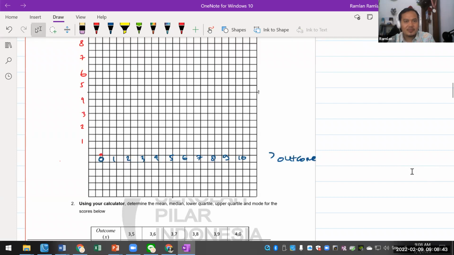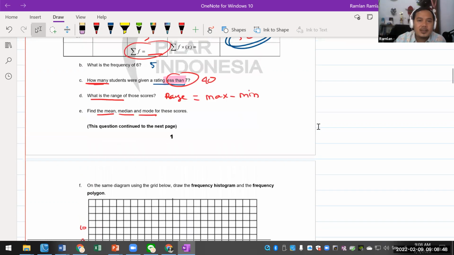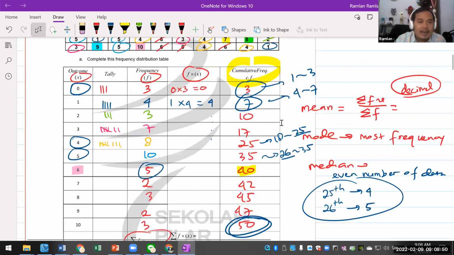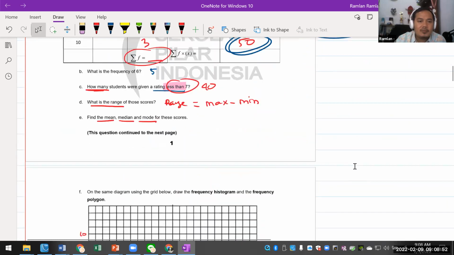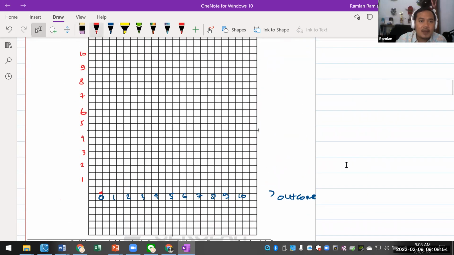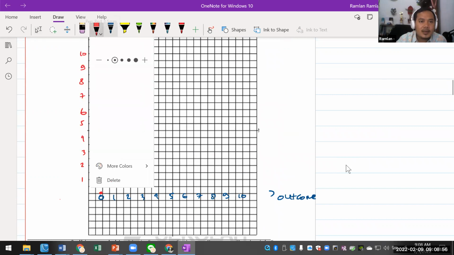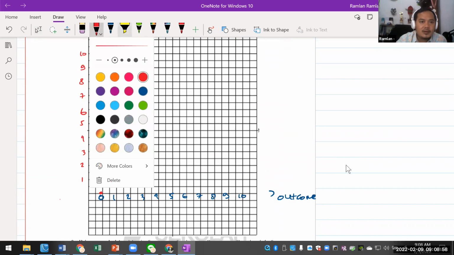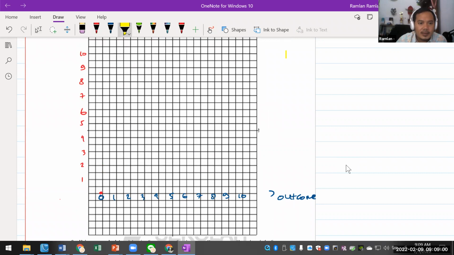Oke. So for 0 we have 3 ya. Kalau 0 itu kita ada 3, 0 itu ada 3 maksudnya. If I draw it in a graph, it will be something like this, okay? Pakai stabilo aja. 3 ya, sampai 3 ya. Nih, 3. Nah, itu.